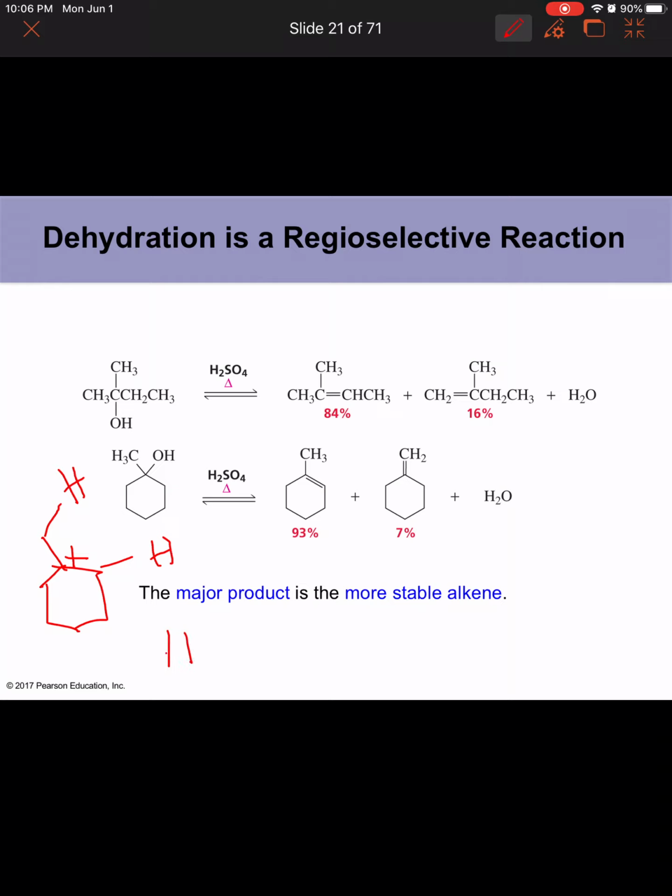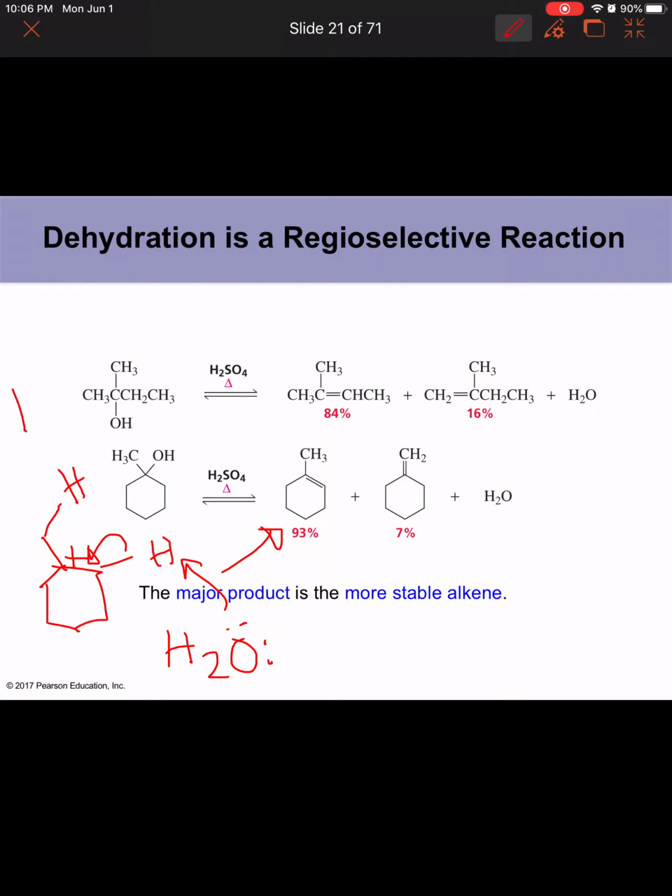If the water molecule takes this hydrogen and gives its electrons to form the double bond, this will result in the formation of this product.